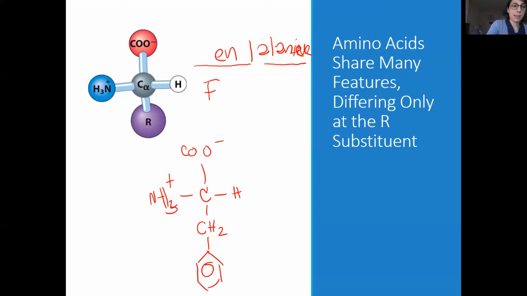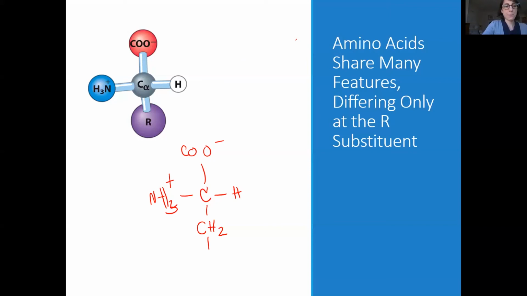Okay, next up, we're going to get into some of the more polar amino acids. We're going to look first at asparagine. This amino acid is a CH2 with an amide on it. So it's a carbonyl and an NH2 group.